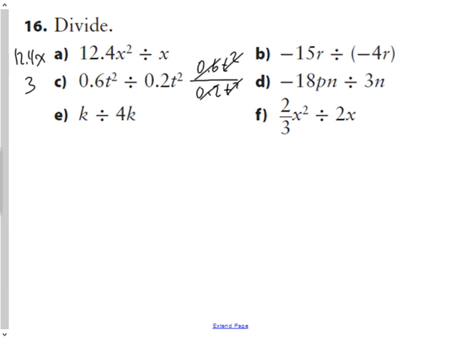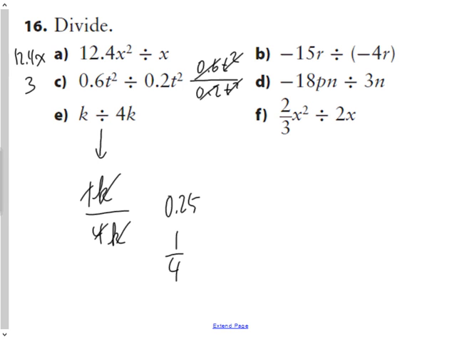Now the next one's interesting, and it's very important that you rewrite it as k over 4k. Now, I'm going to write the 1 coefficient that I said never to write. Because it is 1k, but we never write the 1 coefficient, but it's important now. Because 1 divided by 4 is either going to be 0.25 or just 1 over 4, right? It's not 4, right?